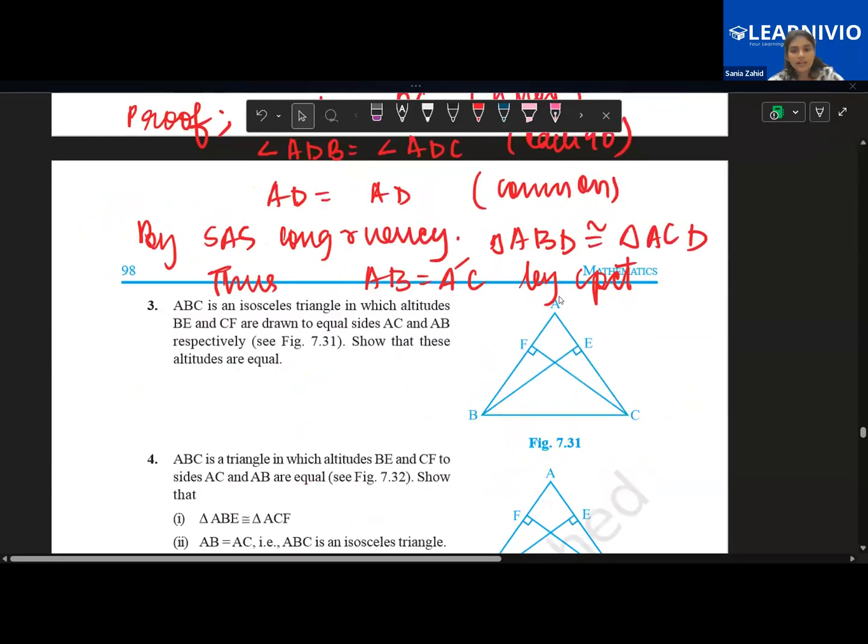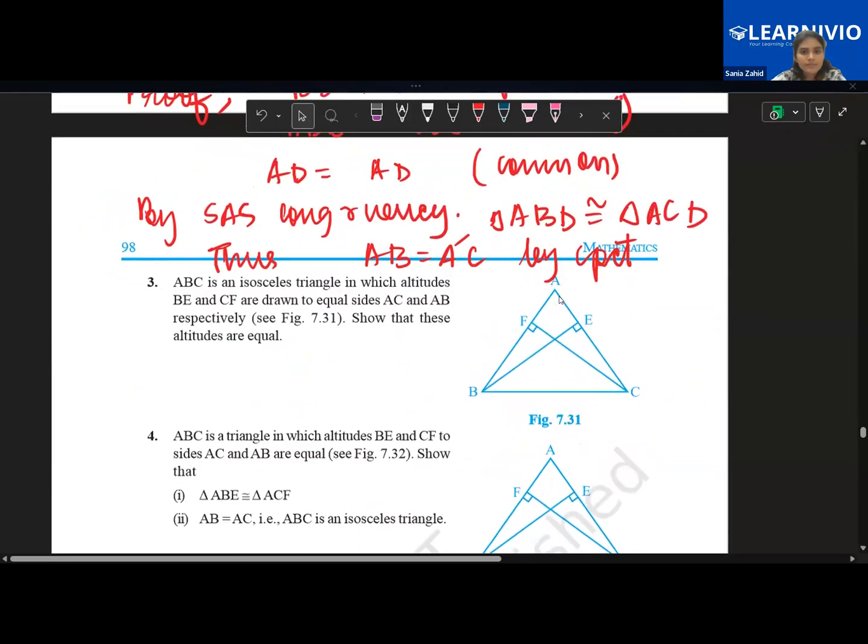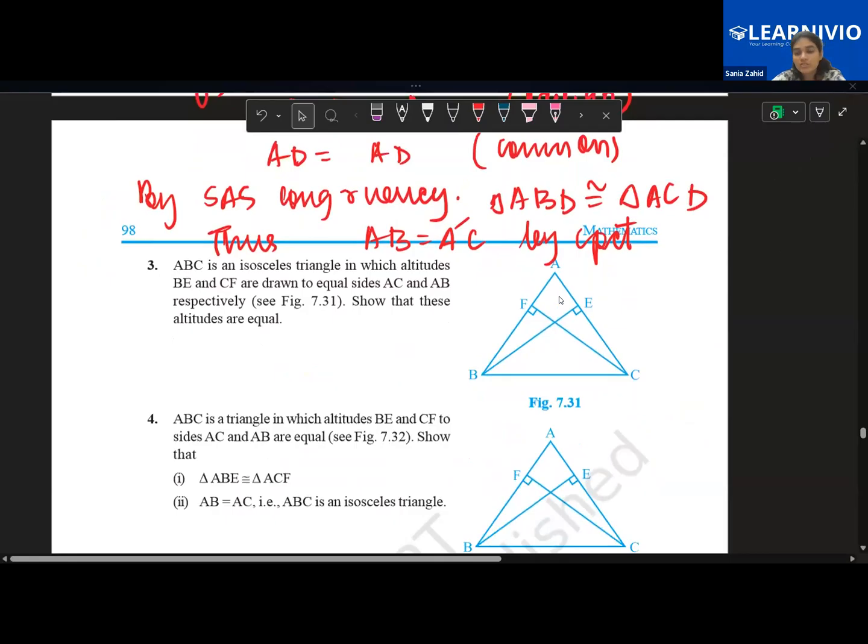It says that ABC is an isosceles triangle in which altitudes BE and CF are drawn to equal sides AC and AB. So AC and AB are equal. This line is equal to this line. AB is equal to AC, and show that these altitudes are equal.